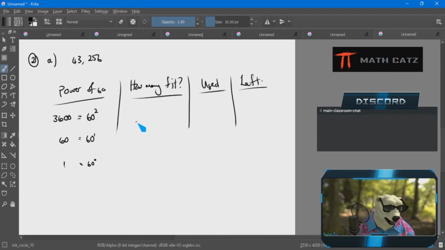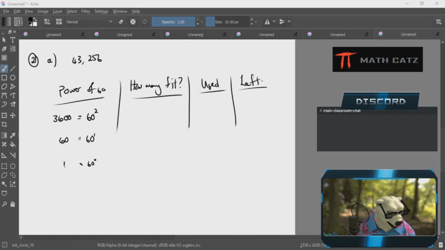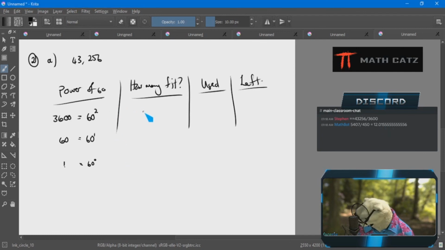So I then check how many times can 3600 fit in. That's calculator time for sure. 43,256 divided by 3600, and I get 12 times, 12 whole times.